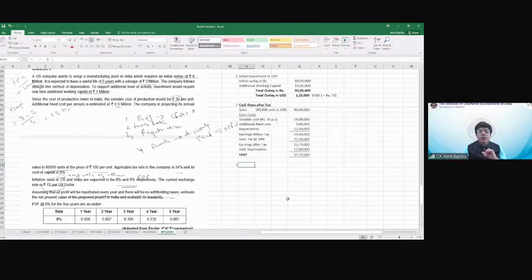Next I need to calculate how much will be the amount which will get repatriated. So I'm going to calculate over here the amount repatriated every year.